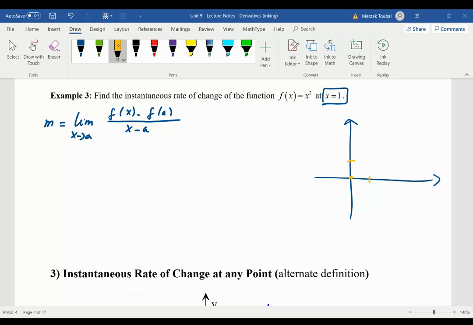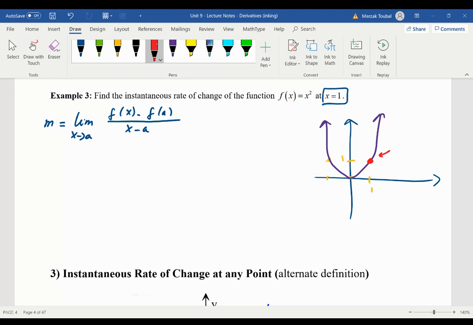Say 1, this is 1, 1. So this would be the graph x squared. And then here's the point we're interested in. And pretty much we want the instantaneous slope at this point over here.